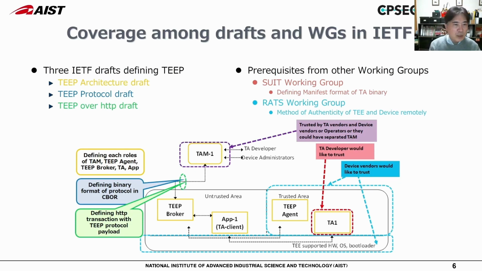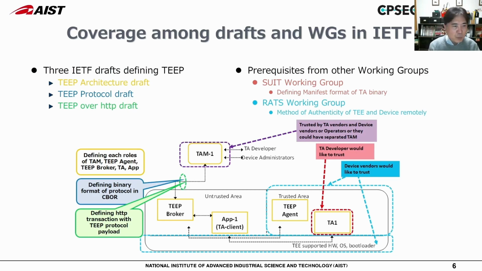TEEP itself has three different kinds of drafts. The TEEP architecture draft mostly explains the roles of the TAM, TEEP broker, app, and TEEP agent TA in the chart. The TEEP protocol draft defines the format and what kind of messages are required between the TAM and the TEEP device.